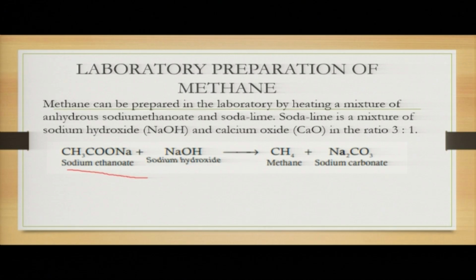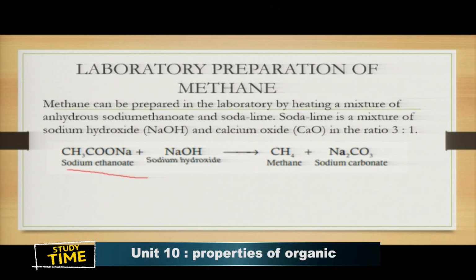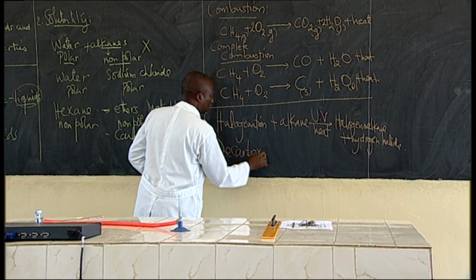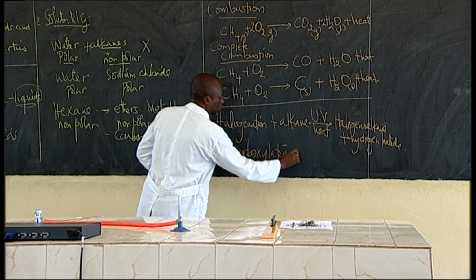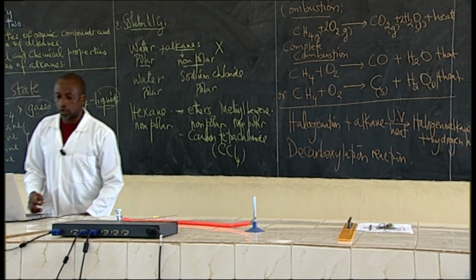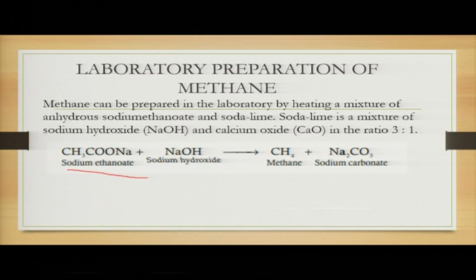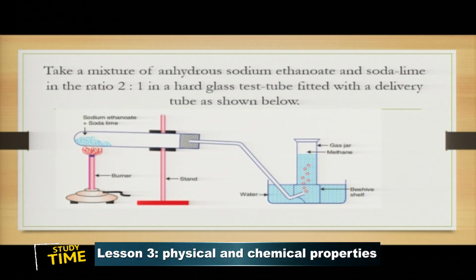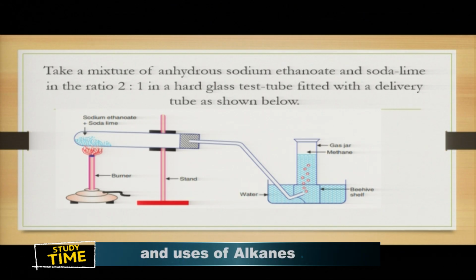This is the general method that can be used to prepare alkanes, and we call it a decarboxylation reaction. Other alkanes can also be prepared in the same way, using the same apparatus where it is heated with soda lime. Soda lime is a mixture of sodium hydroxide and calcium oxide.